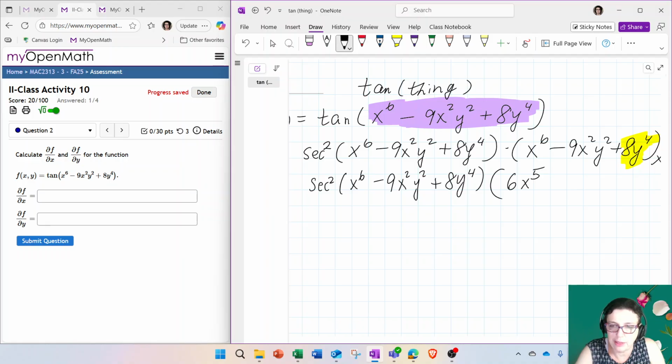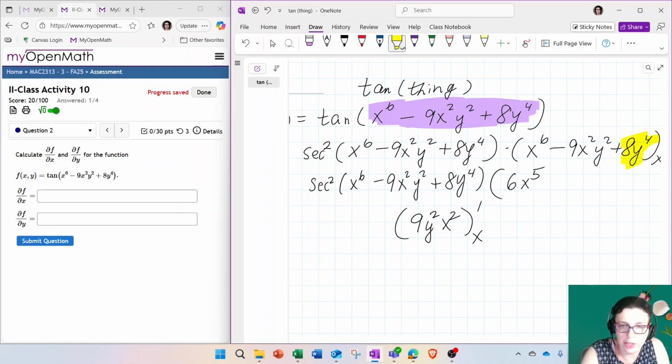But what about this other one, the mixed one, 9x squared y squared? Okay, so because I'm taking the derivative with respect to x, I am going to first write all the terms that don't have an x. And then I will take the derivative with respect to x. So think of this 9y squared as a number. This is like number times x squared, like 5x squared.